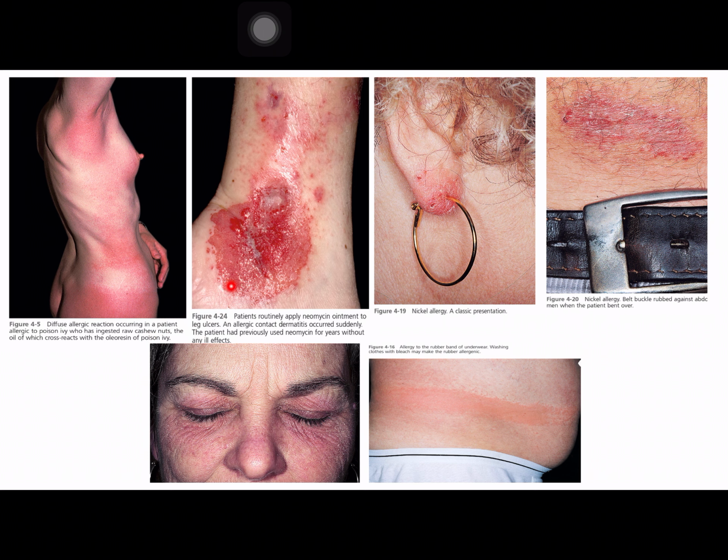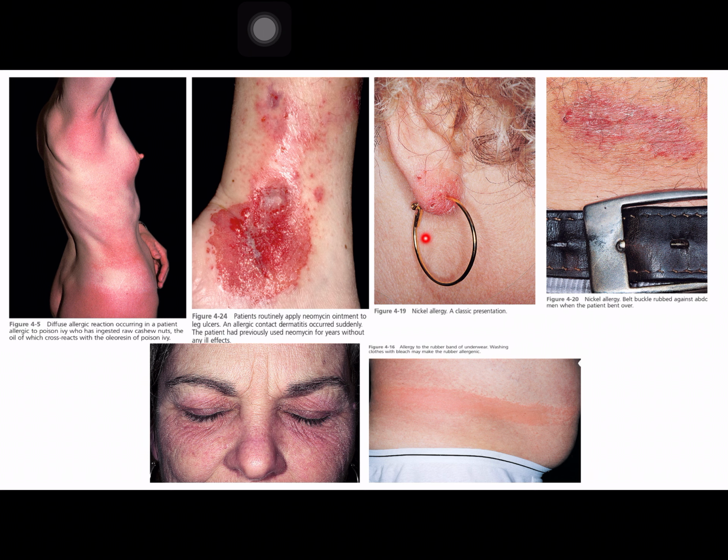This is also allergic contact dermatitis in patients using topical neomycin, an antibiotic used to control bacterial infection. This patient had an ulcer and repeated use of neomycin led to allergic contact dermatitis.